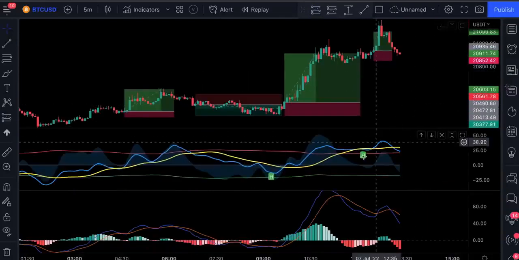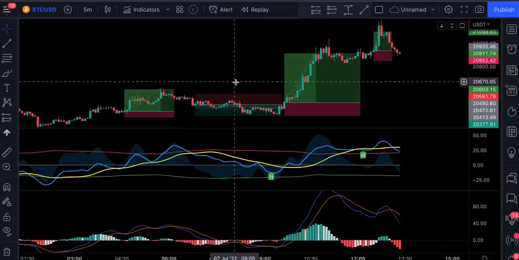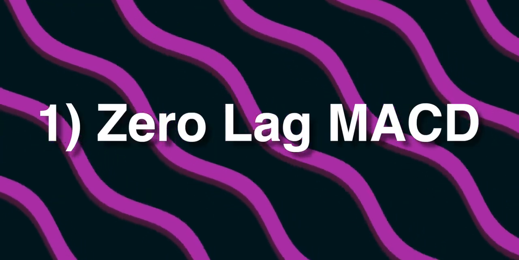Obviously, I ignore these bad signals because they could be eliminated if we added a moving average to the chart. So yeah, definitely a great indicator. Give it a try and see how it goes.